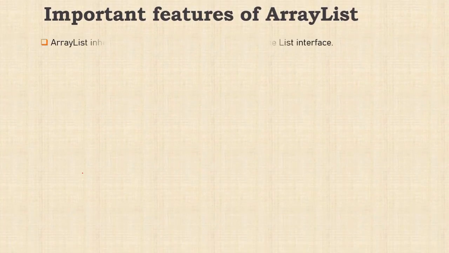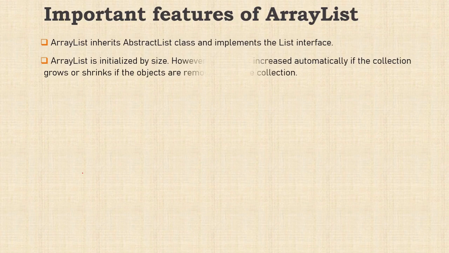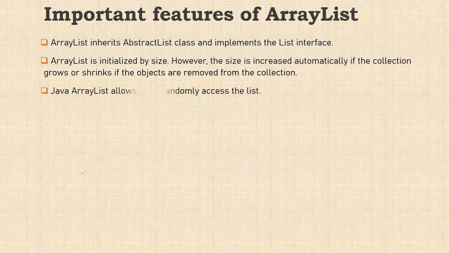Now we are going to see some features of ArrayList. ArrayList inherits the AbstractList class and implements the List interface, as we just saw. ArrayList is initialized by size. However, the size is increased automatically if the collection grows, or shrinks if objects are removed from the collection. Java ArrayList allows us to randomly access the list.